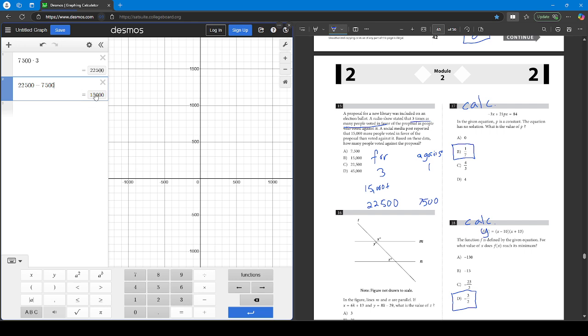It is. Answer choice A is the answer. I like it when I guess and check and I guess right first.